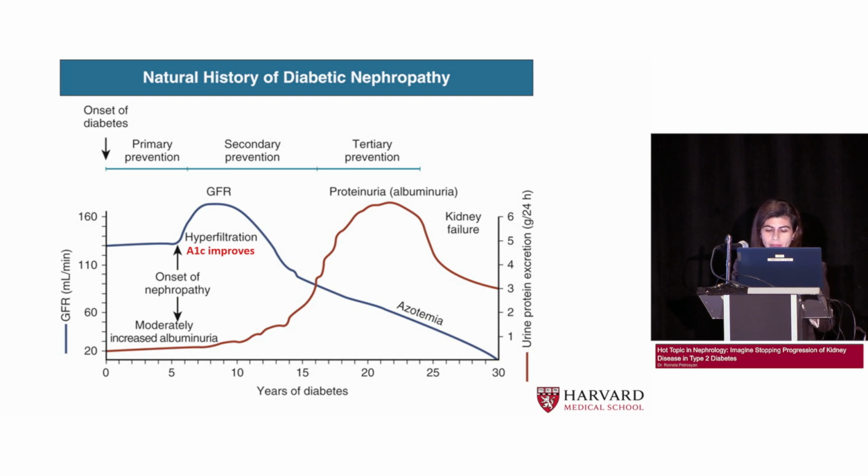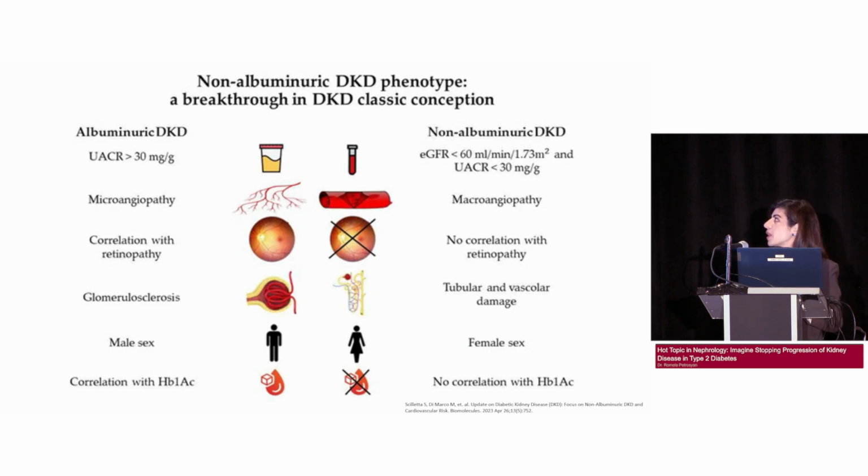So if we're looking at those two phenotypes that I've also mentioned, the non-albuminuric versus albuminuric diabetic kidney disease, this is what the studies and the meta-analyses have really pointed out as significant differences between the two: more macroangiopathy that you tend to see in the non-albuminuric phenotype, and more microangiopathy that you tend to see in the albuminuric phenotype.